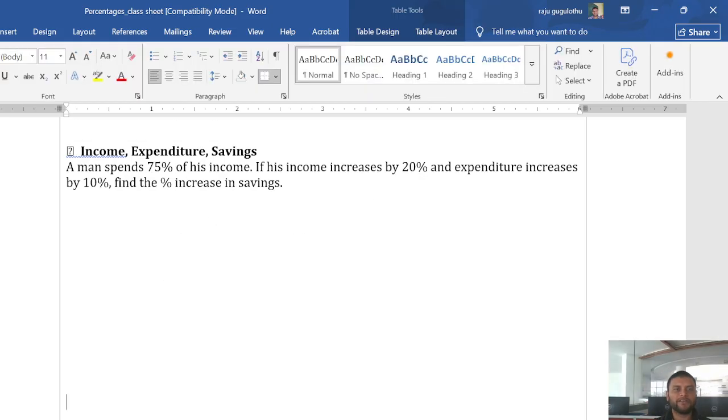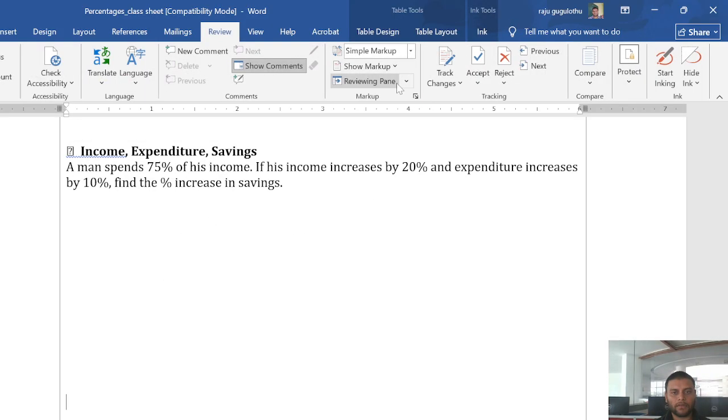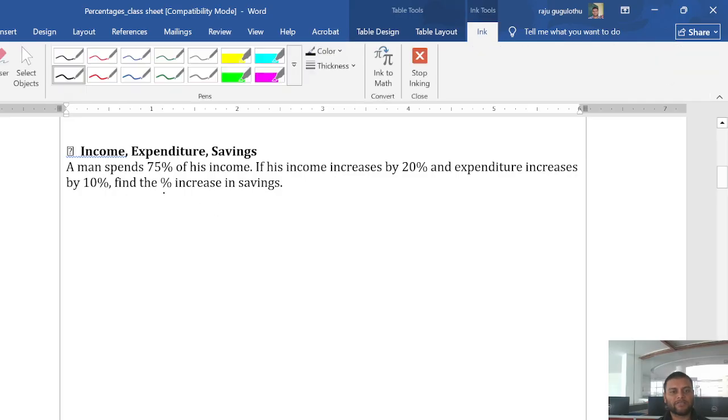A man spends 75% of his income. If his income is increased by 20 percentage and expenditure is increased by 10 percentage, find the percentage increase in the savings. So they are asking for percentage increase in the savings.